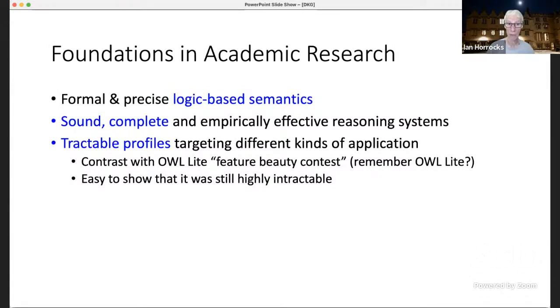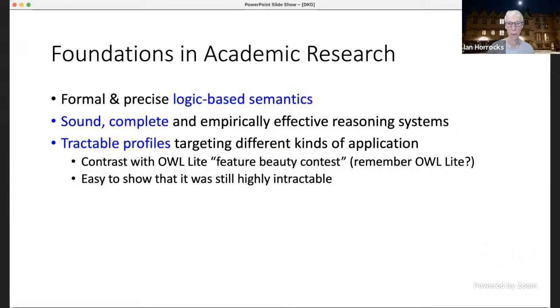Moreover, in OWL 2 anyway, we actually introduced these tractable profiles, which again came from foundational academic research where people looked at these expressive description logics and identified subsets of features that would result in tractable languages, and also developed new kinds of reasoning algorithms that were very effective for those tractable profiles.